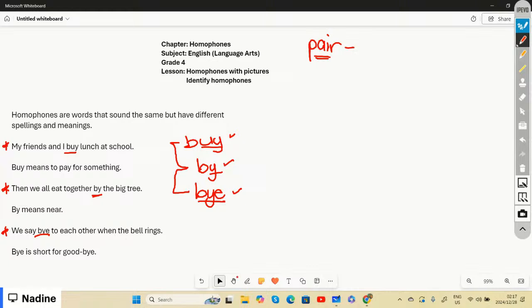It's two things that go together. That is a pair. But now think of another word that is the homophone of that word pair. A word that sounds the same as that word. It's just that the spelling is different or the meaning is different.